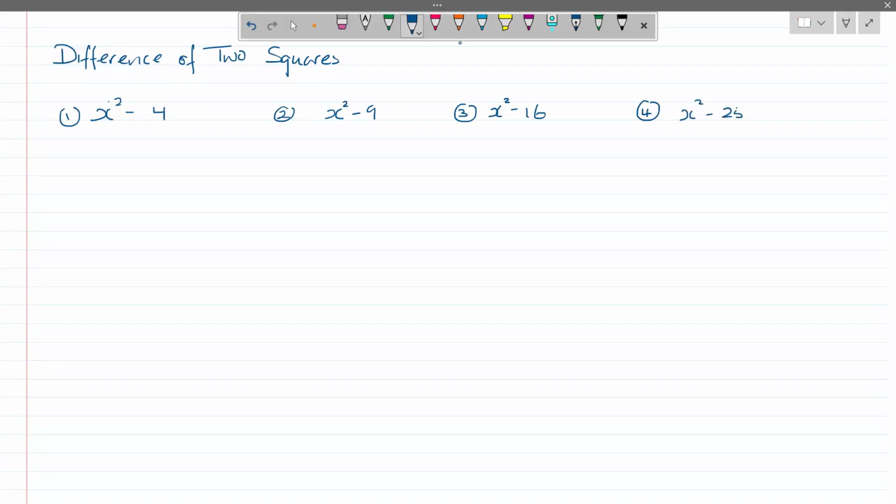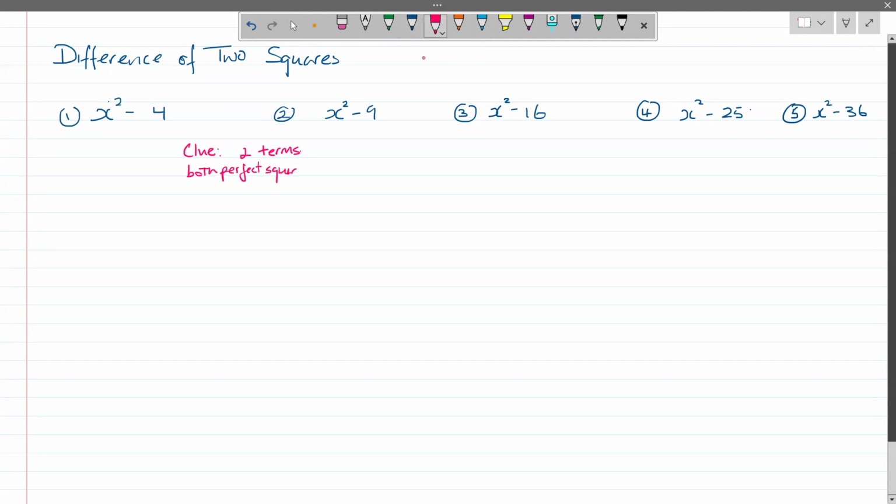This is another one here. Do one more, squeeze one more here again. Right. So the clue: two terms, both perfect squares, can be written as a squared minus b squared.